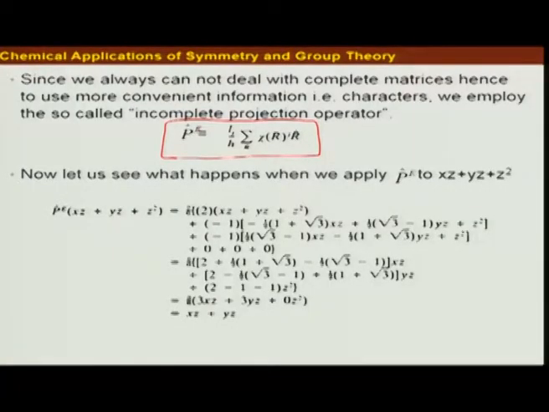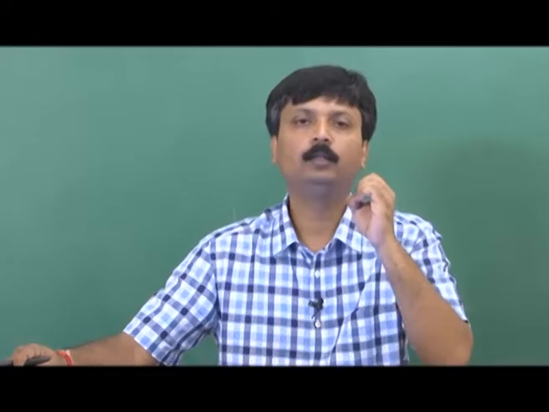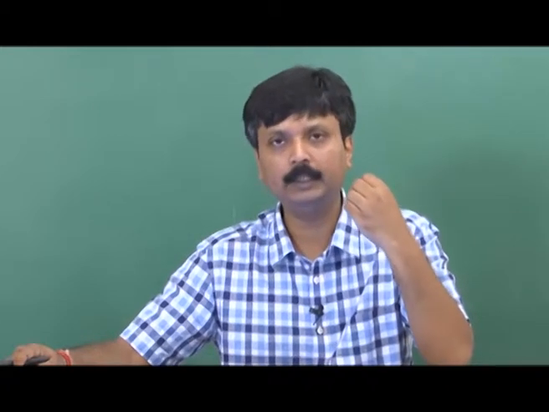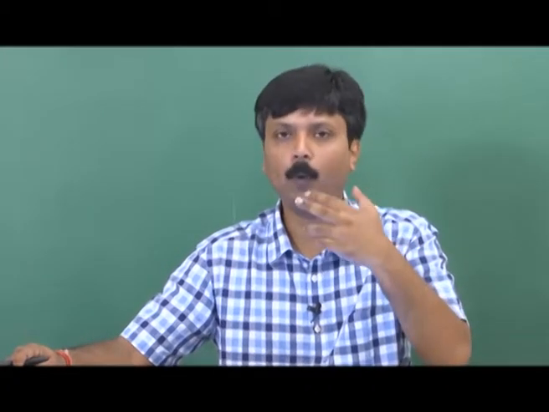Since we have looked at the effect of the complete projection operator on an arbitrary function, xz plus yz plus z square, we saw that ultimately with two projection operators, two different functions come out to be the basis of the representation E, and those were xz and yz.